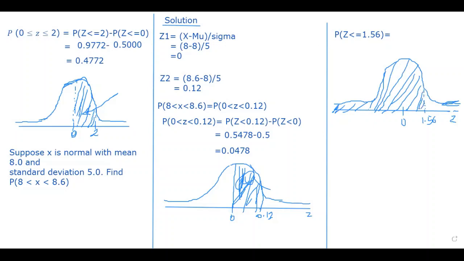So let's move to the graph. Now we know that 1.56 can be written as what? 1.50 plus what? 0.06. Do you agree? Yes. Okay. So 1.5 and 0.06. So let's look at this one on the table, sorry.